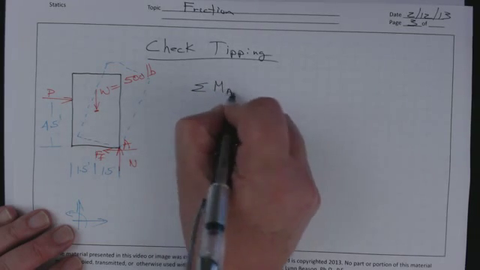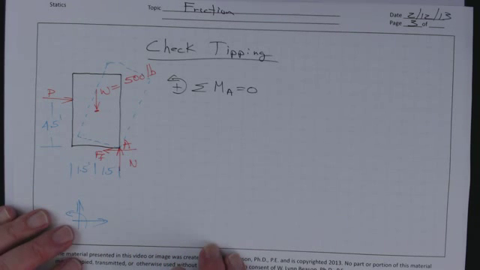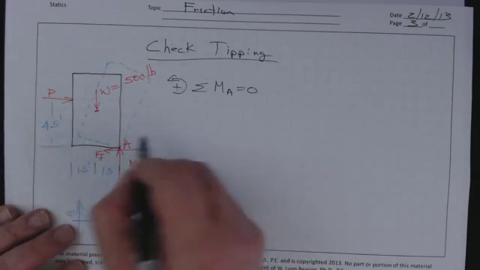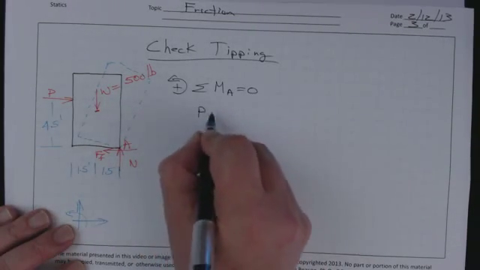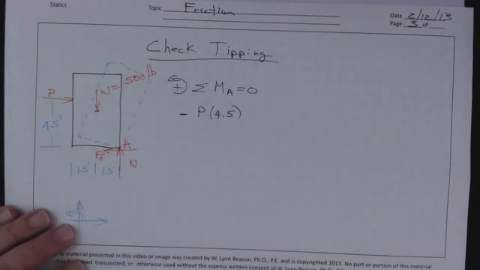And so I'm going to sum moments about A and set that equal to 0, like that. Now, this force P creates a moment about A, and that magnitude is P times 4.5. Put a minus sign on it.